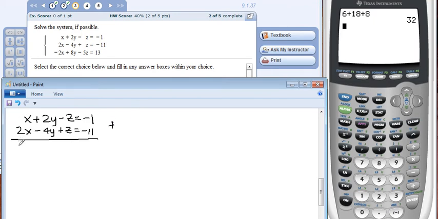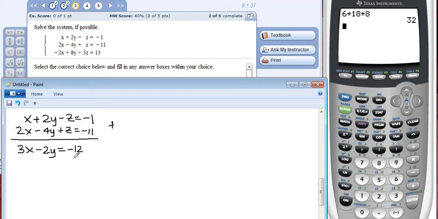Add. 1x and 2x is 3x. 2y and negative 4y is negative 2y. Negative z and z is 0 z's. And negative 1 and negative 11 is negative 12. Good. Now we've got an equation in 2 variables, an x and a y. I didn't get a double drop, so I didn't get to solve right here.